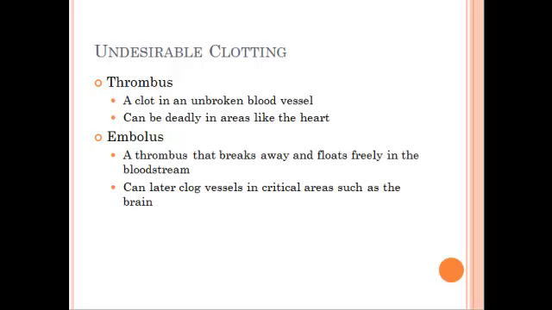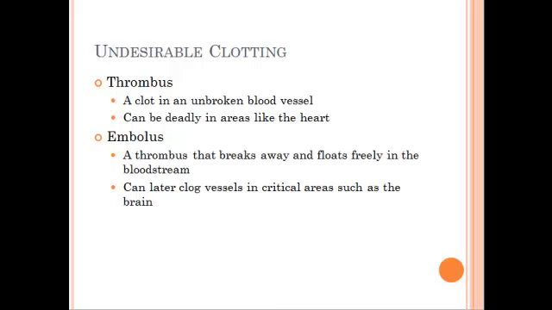And an embolus can be very, very dangerous, because if it's large and it goes through the blood vessels, they will get smaller and smaller and smaller before they get back to the venous side, so in the arteries. And if it gets to a small artery that it can't get through, then it's going to clog up that vessel, and suddenly all the cells that are going to that area can no longer receive the oxygen they need.